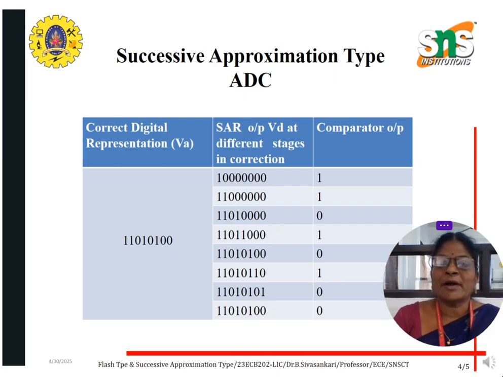Next, the second bit is to be accessed. The second bit is 1 and all the remaining bits are 0. Here also our VA is greater than VD, so the comparator output is 1. For the third bit, if there is an error, that is, if our VA is lesser than VD, then the output will be 0.